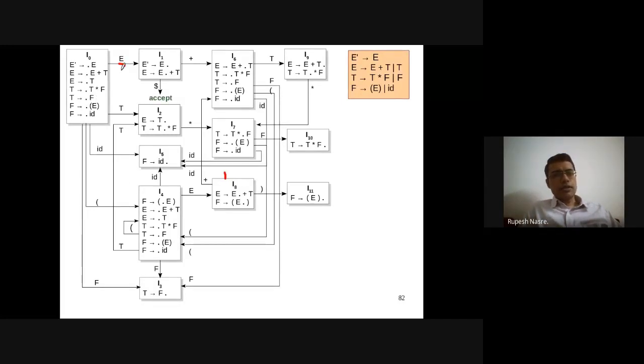because we see that there are non-terminals also coming out of these states. So that is what we'll also have to have apart from the terminals, for example ID and opening parenthesis.